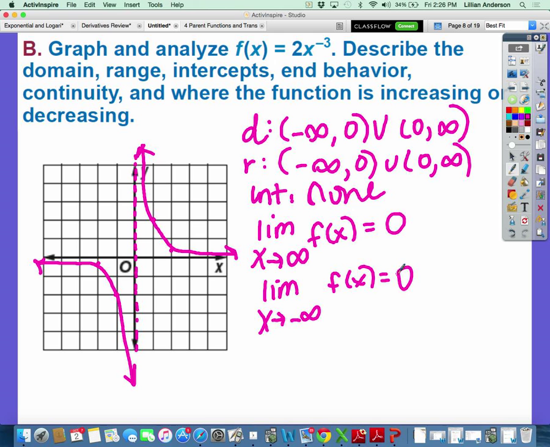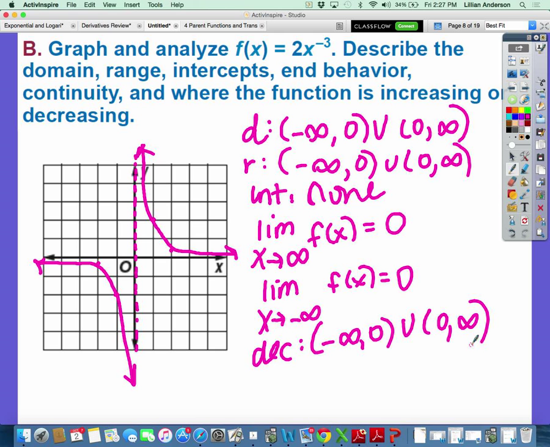And where is this function increasing or decreasing, Alex? It is still decreasing. It's decreasing the entire time. There we go.